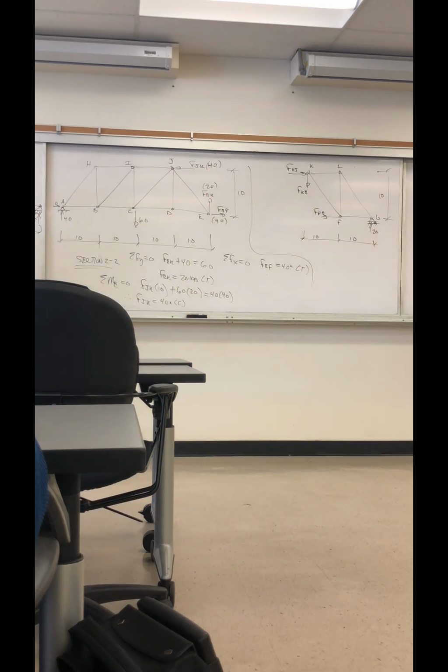We cut 3, we're going just to the left of K and F. And so we're cutting through KJ. That's why there's an unknown force F of KJ. We're cutting through KE, so there's the force F of KE, the vertical force. And we're cutting through, remember, EF. So we have F of EF.